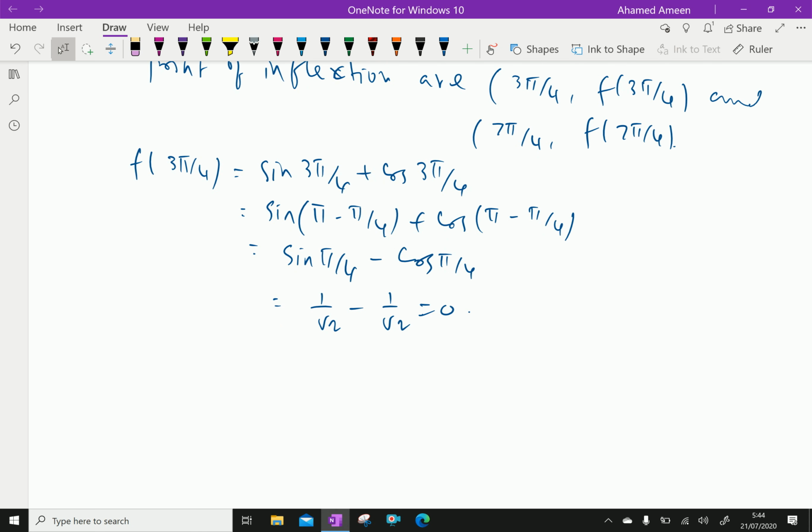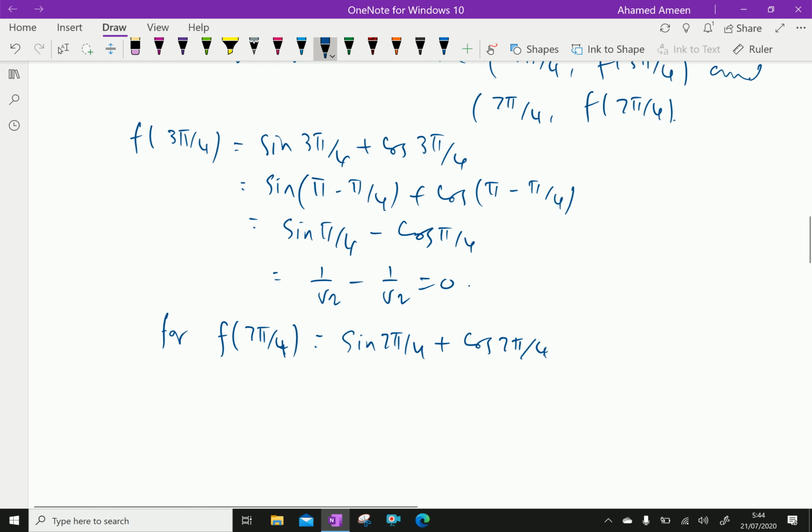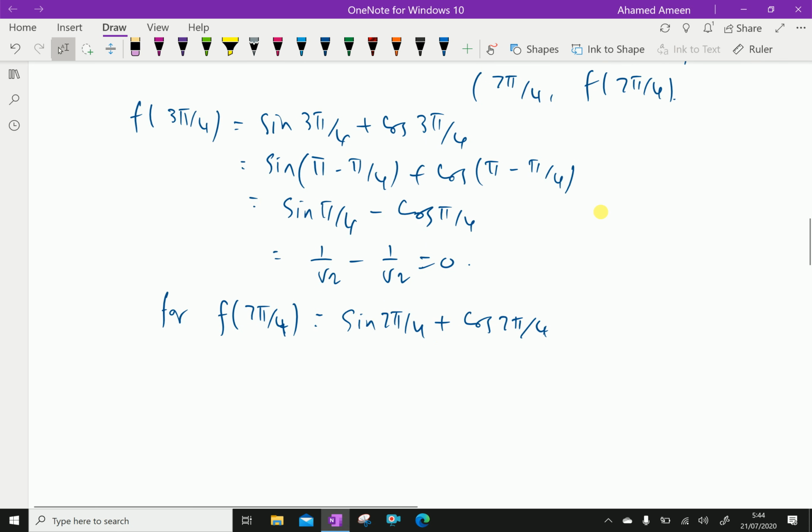Then similarly, f of 7 pi by 4 gives sine of 7 pi by 4 plus cos of 7 pi by 4. 7 pi by 4 we can write as 2 pi minus pi by 4, so sine of 2 pi minus pi by 4 plus cos of 2 pi minus pi by 4.